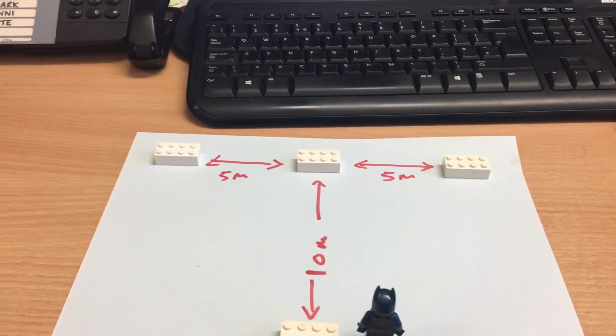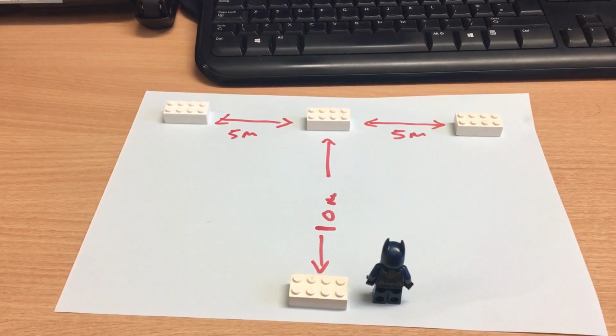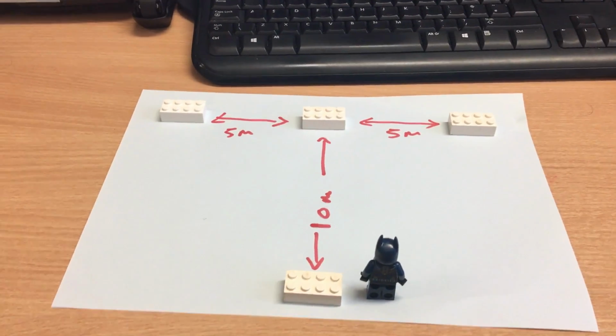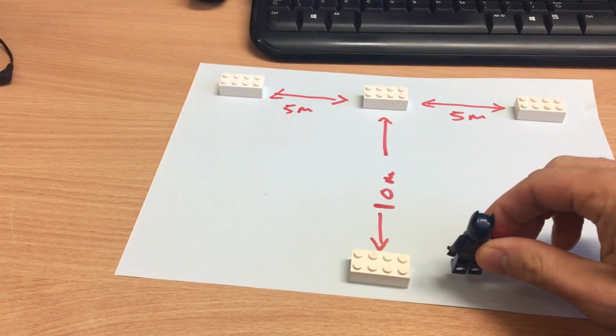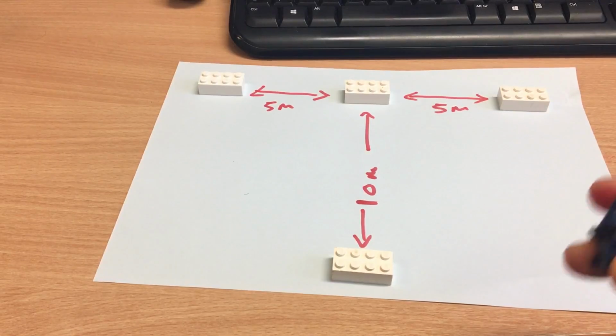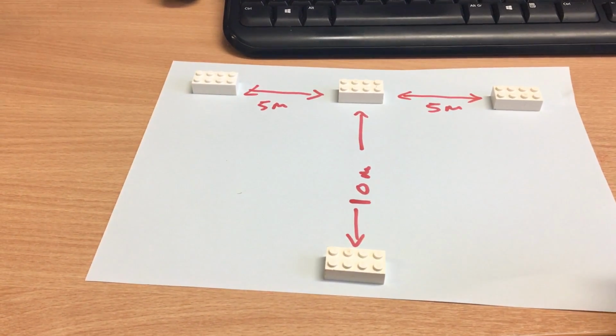Okay, so one of the factors might be that if the person on the stopwatch hasn't started the stopwatch at the right time when Batman leaves the starting point, then we've already got an issue with reliability in terms of the result we're going to get.